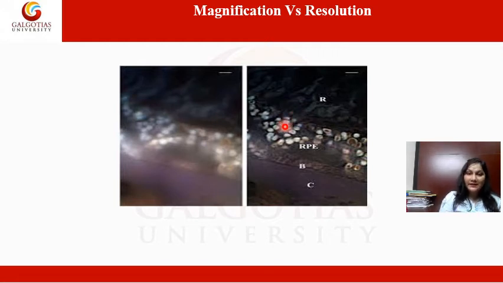It means we can say that in the picture on the right hand side we are getting better resolution of the object. This is actually the difference between magnification and resolution. Magnification after a limit will pixelate or blur the picture, but when the microscope has better resolution, that will give a clearer picture of the object.